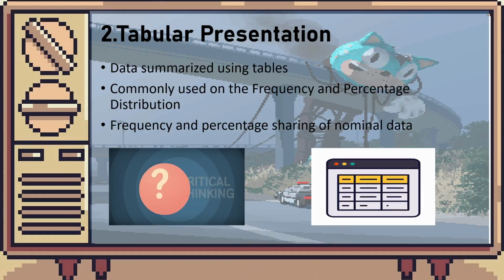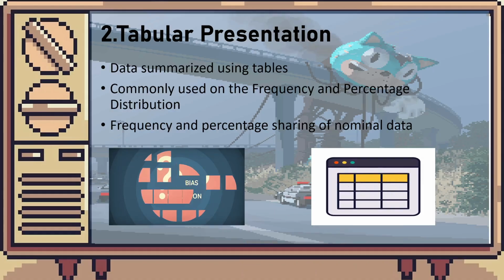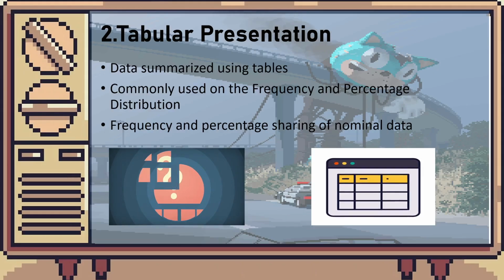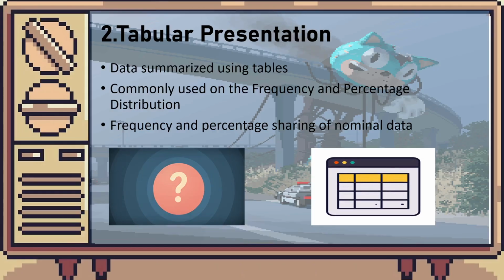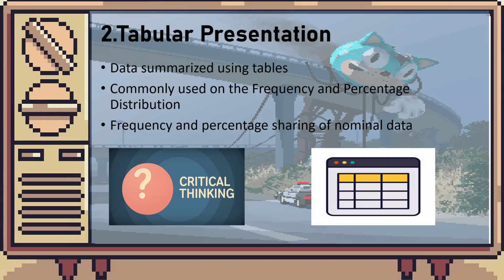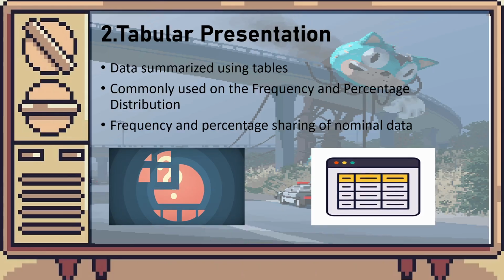Next is tabular presentation. Tabular presentation is data summarized using tables, commonly used for frequency and percentage distribution. So we're trying to show them the parts of your data, how much is one part of it, what's the highest, what is the lowest. So it gives you the rundown of things without too many words.